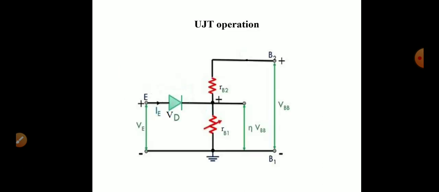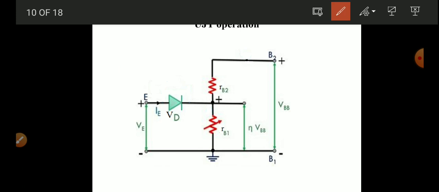This is the UJT operation. To explain the UJT operation, we have to consider the supply voltage. So here we apply the input voltage VEE at the emitter terminal and VBB at the output terminal, that means across B2 and B1.